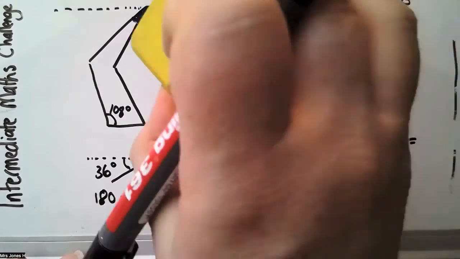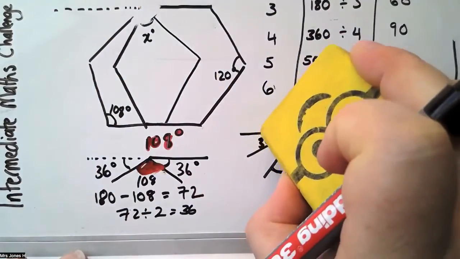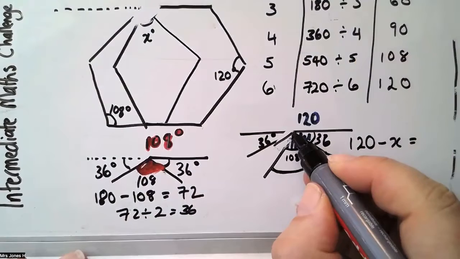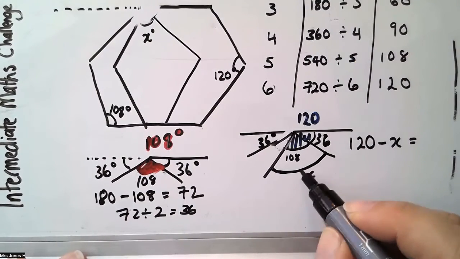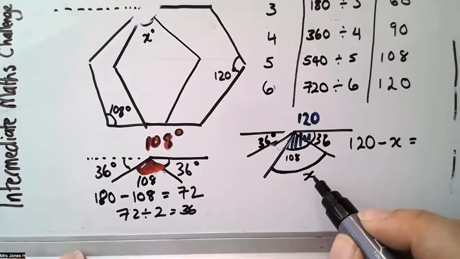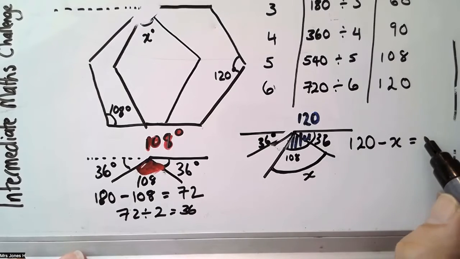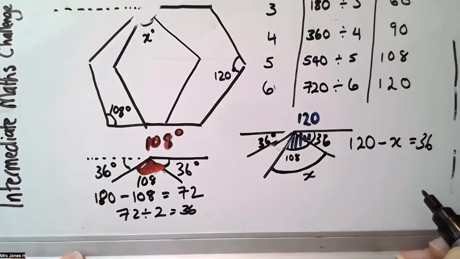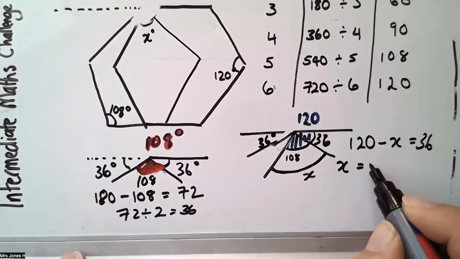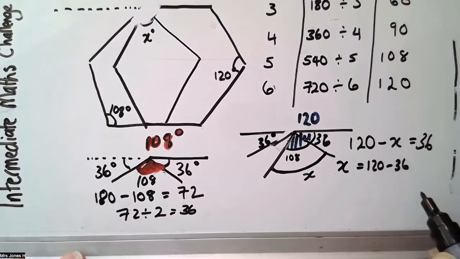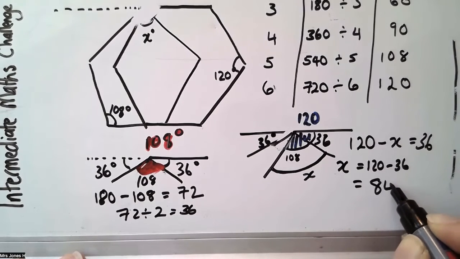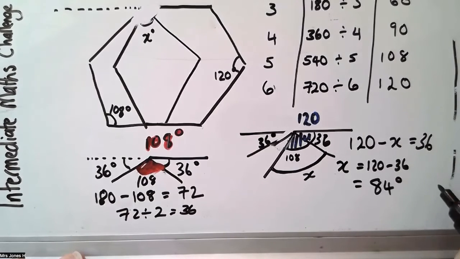Oh, sorry, that's wrong. 120 goes to here. This is x. So 120 subtract x is going to equal this 36 just here. And therefore x is 84, which is indeed B.